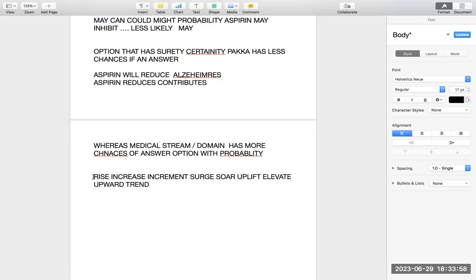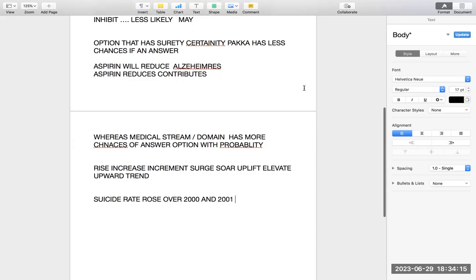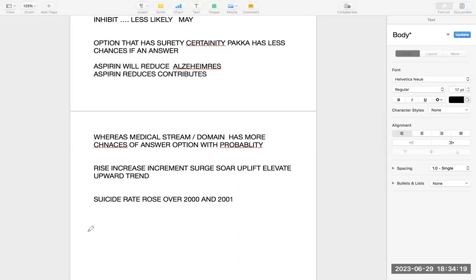Then there was another word: rise, increase, surge. In this sentence, it was that the suicide rate rose over 2000 and 2001. That simply means that the suicide rate rose.